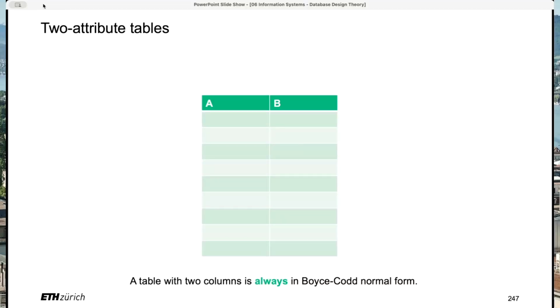Who agrees that if I have a table with just 2 columns, 2 attributes and nothing else, that that table will always be in the Boyce-Codd normal form? You agree?